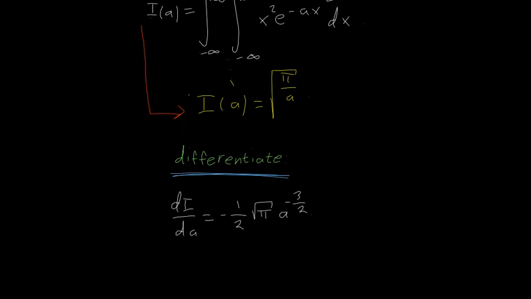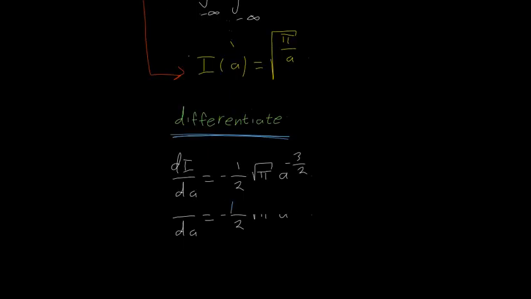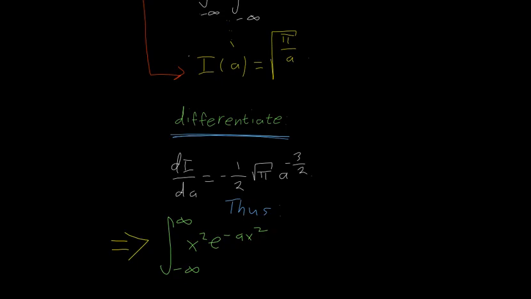And therefore this would imply that the integral from minus infinity to infinity of x squared e to the negative ax squared dx, if I were to get back to this, because remember what our dI/dA was?